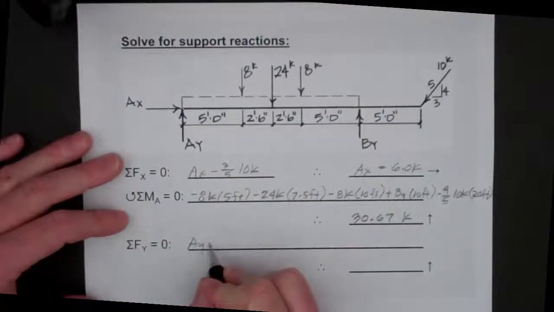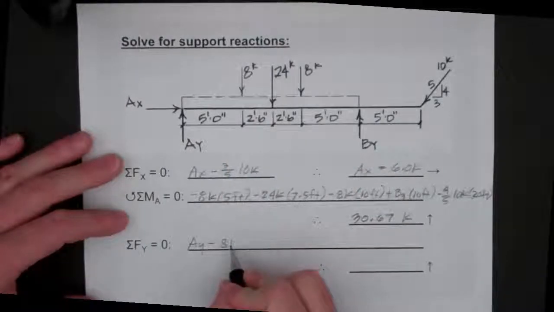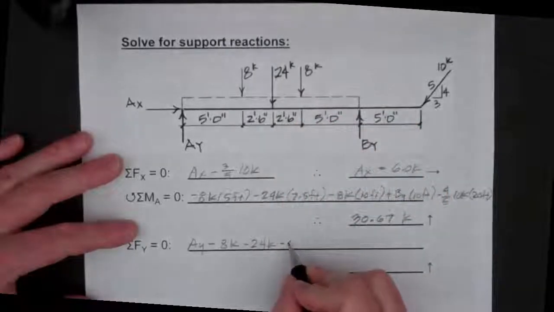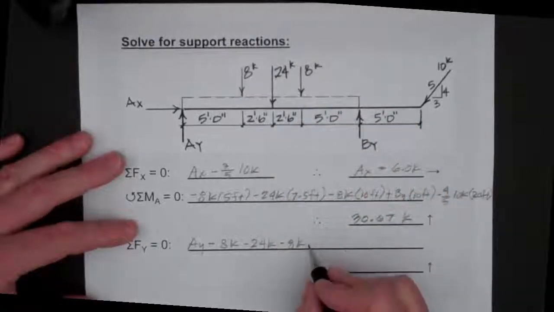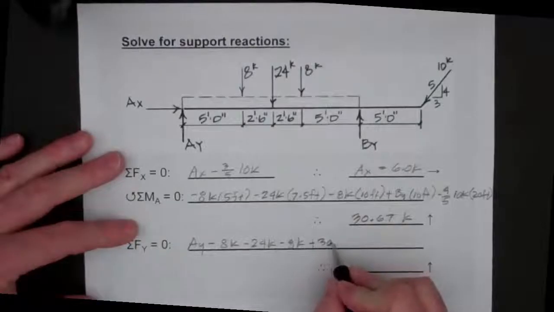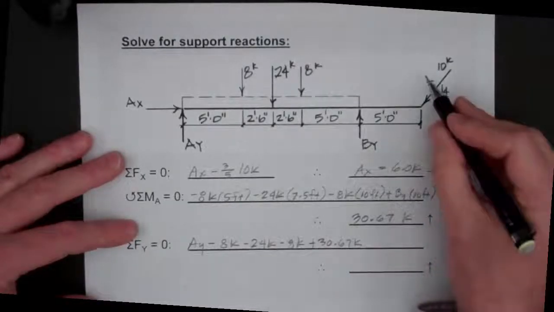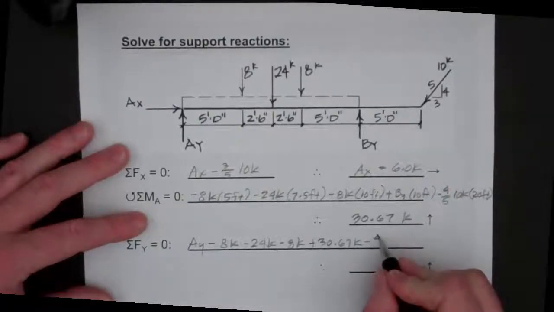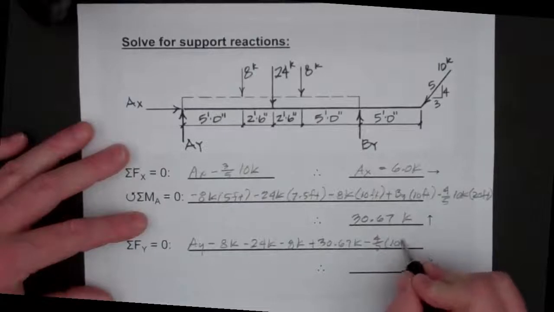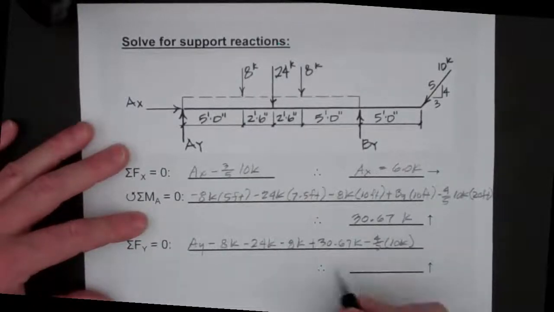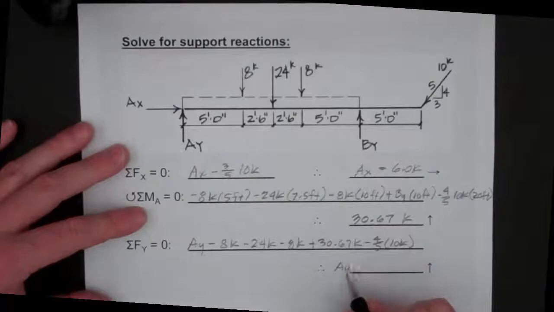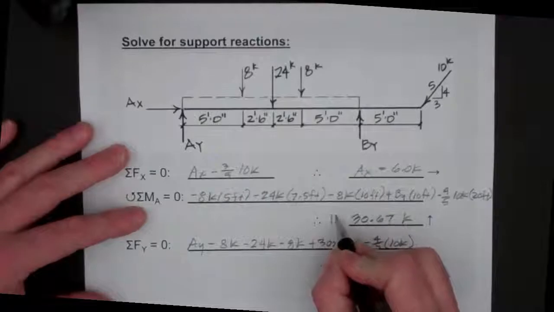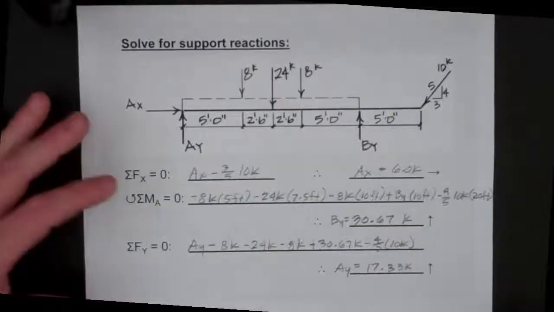Going from left to right, we have AY in the positive direction minus the 8-kip load minus the 24-kip load minus the 8-kip load plus BY, so the 30.67 kip load, and finally minus the vertical component of the 10 kip load, so minus 4/5 times the 10 kip load, and we do the algebra to get AY is equal to 17.33 kips in the upward direction. And that's BY.